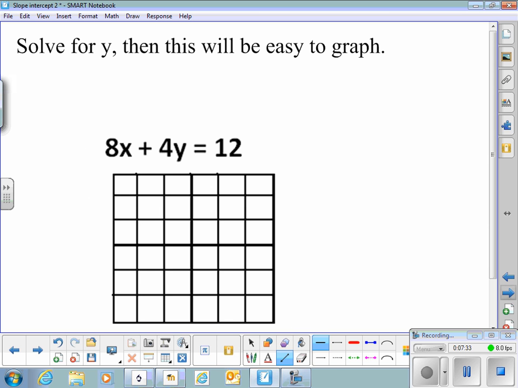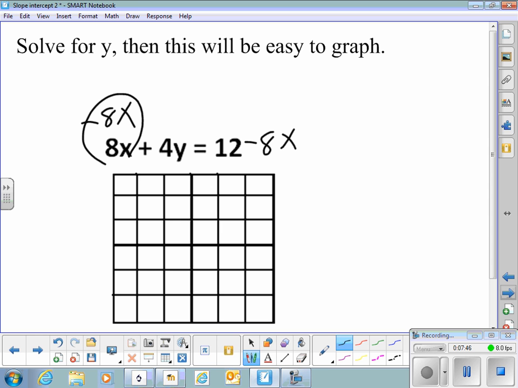8x plus 4y equals 12. We want to get the y all by itself. I'm going to subtract 8x. 4y equals 12 minus 8x. y equals 3 minus 2x. So if this is our x, this is our y.